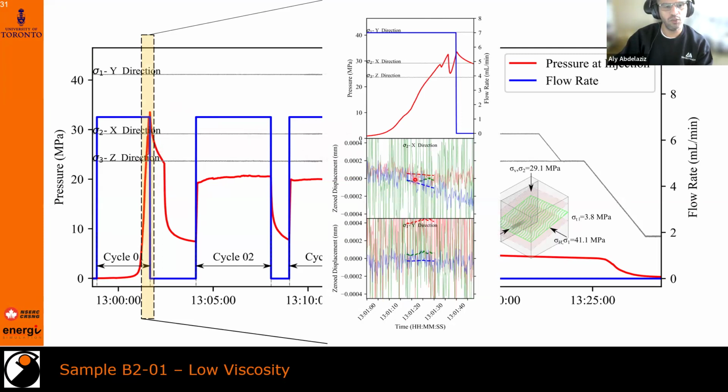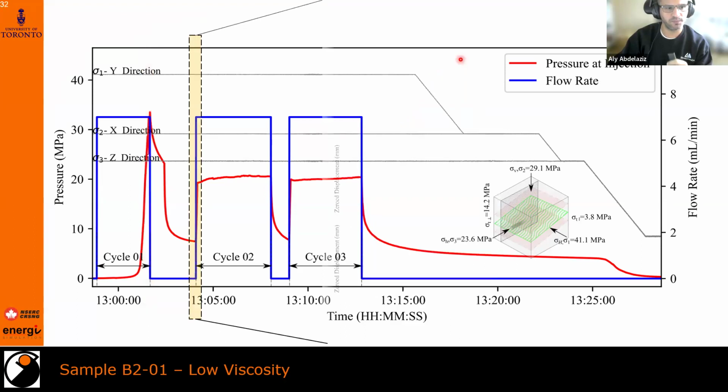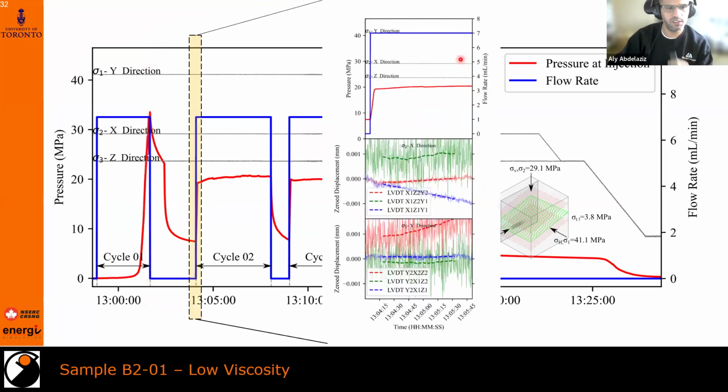So over here, we don't see any abrupt movement in terms of the LVDTs, although there is a drop in the pressure. Similarly here, what we see is just normal movement. There is nothing really abrupt.